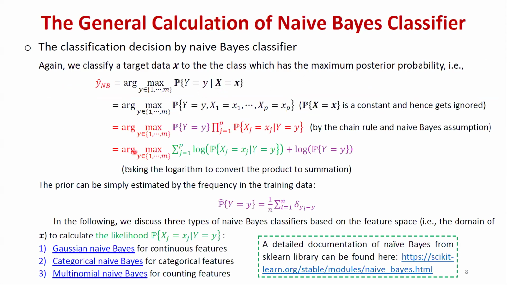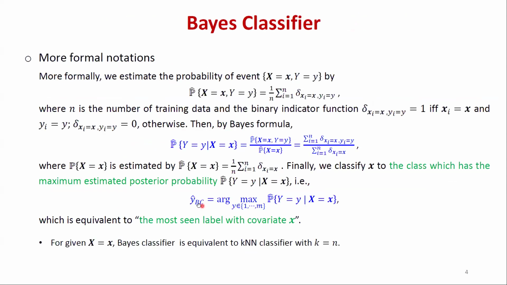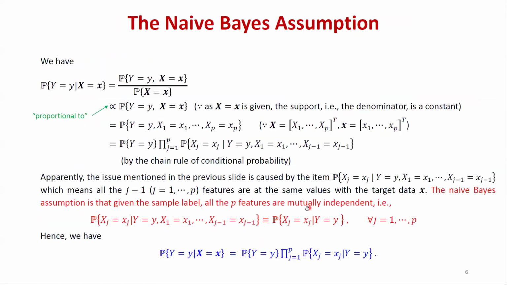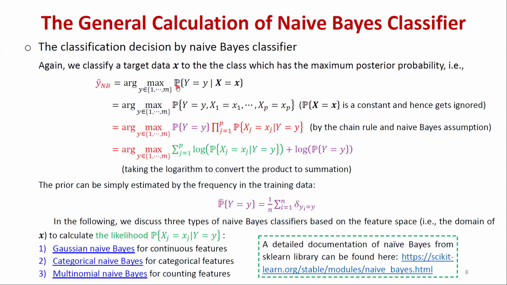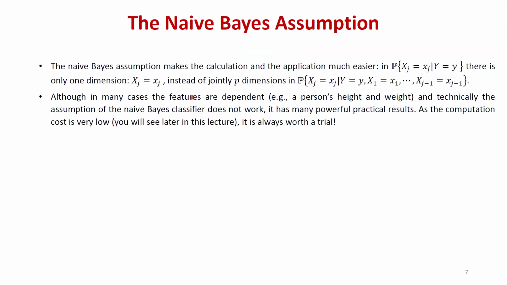So here we plug this assumption into our classifier, and we will have this. This is proportional to it, and when we say arg, it's the same thing, because when we do optimization, the denominator is a positive number, which we assume is not zero, so it doesn't matter.